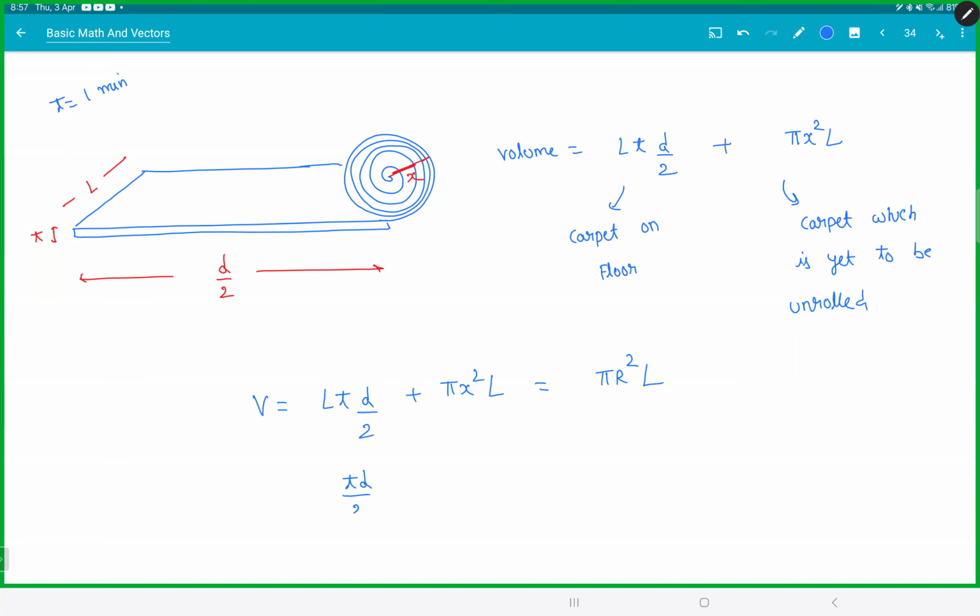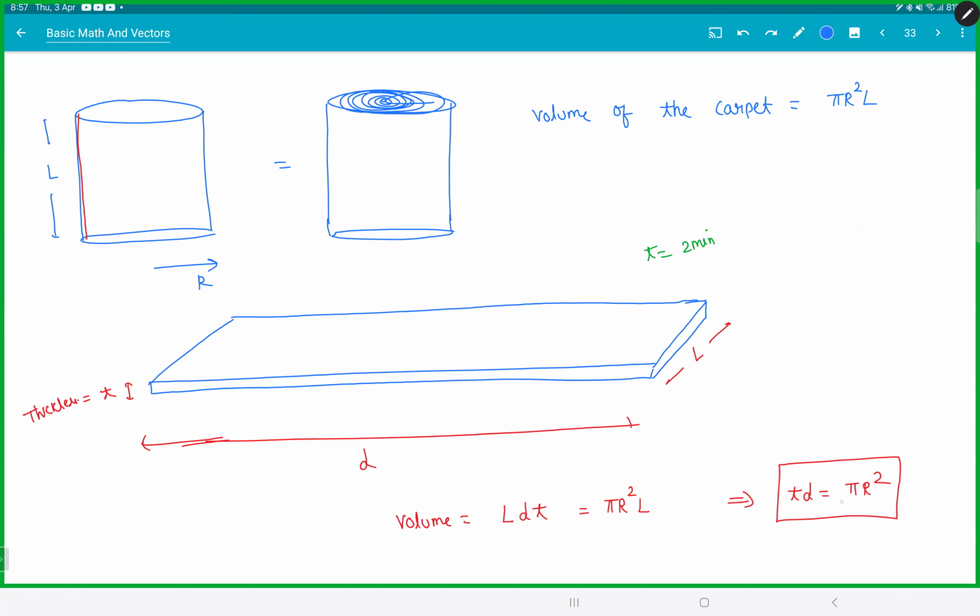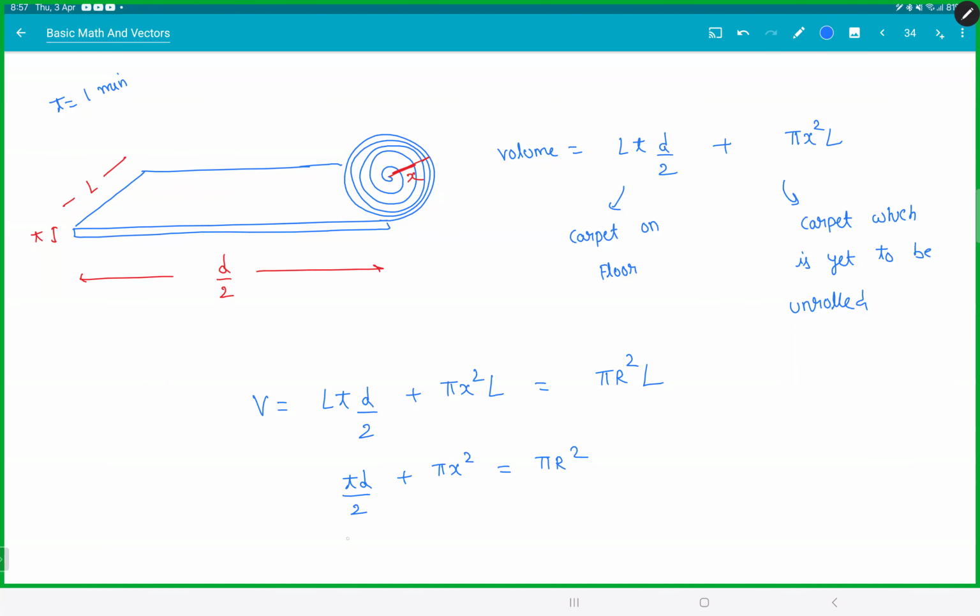We'll get t d by 2 plus pi x square is pi r square. But we already know t d is pi r square. So pi r square by 2 plus pi x square is pi r square. Pi also will cancel. You'll get x square is equal to r square by 2. We get x is equal to r by root 2.